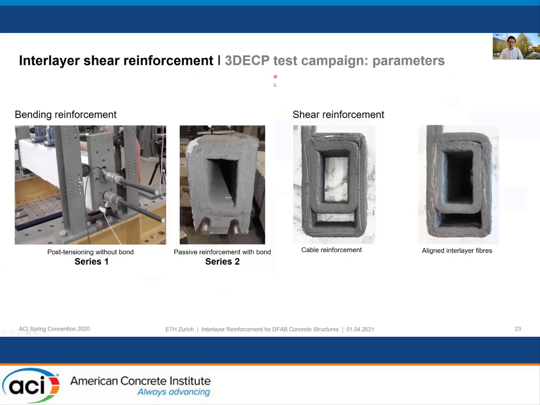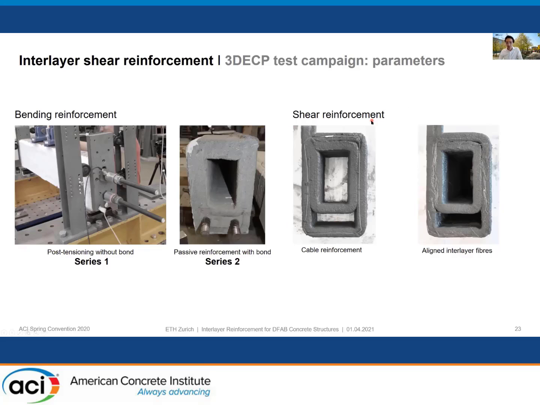For the bending reinforcement, we have two concepts. In series 1, we had post-tensioning, in this case post-tensioning bars without any bond. Then in series 2, we have passive reinforcement placed here, in this bottom void of the cross-section, and then it was injected to have proper bond.